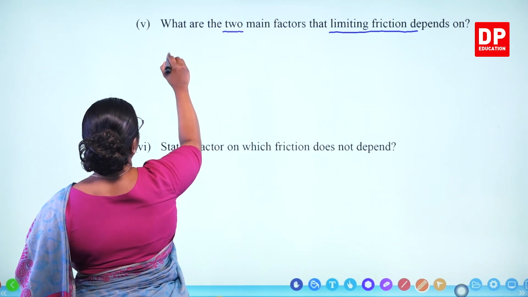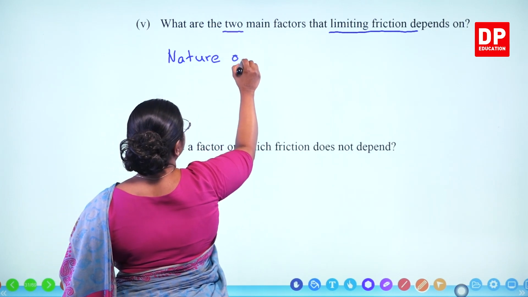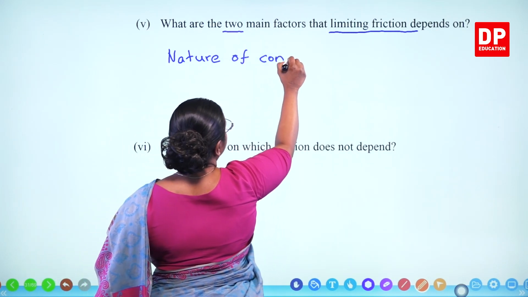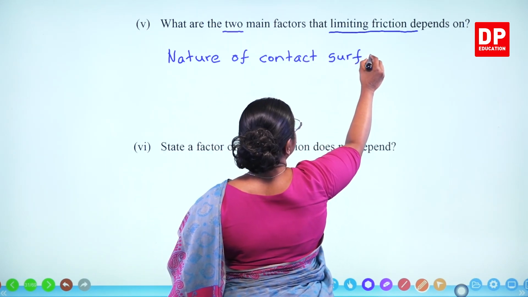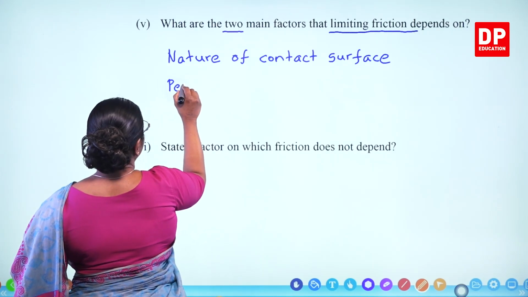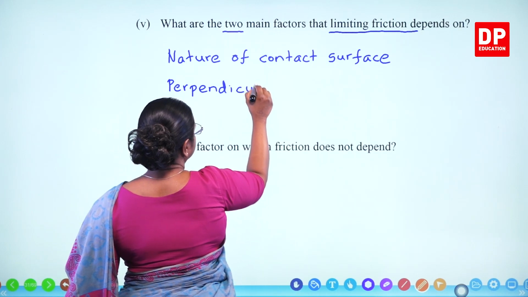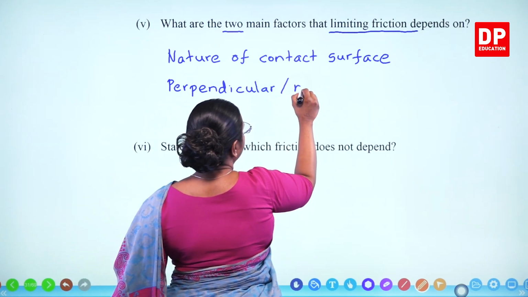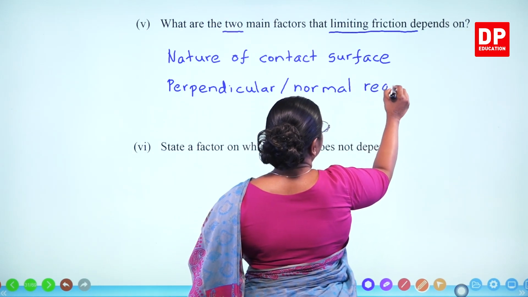So here we need to write the factors: nature of contact surface and perpendicular or normal reaction.